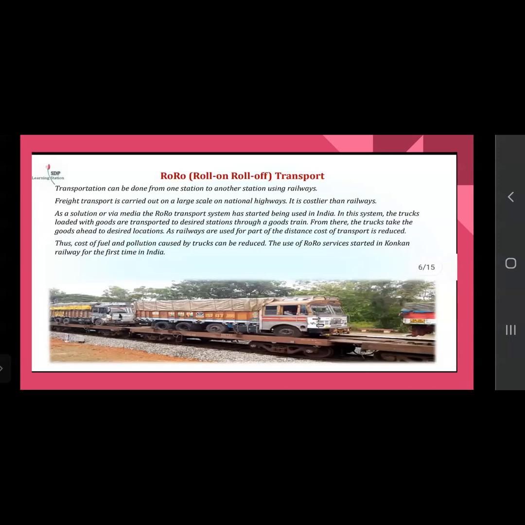So it is very beneficial: not only is the cost reduced, but the pollution is also reduced. Remember this: the use of the Ro-Ro service started for the first time in India on the Konkan Railway.